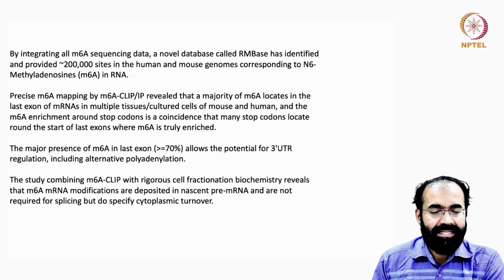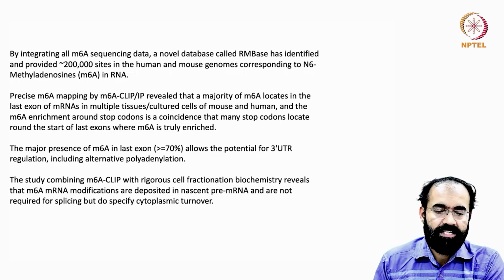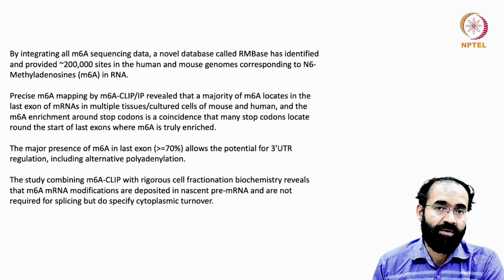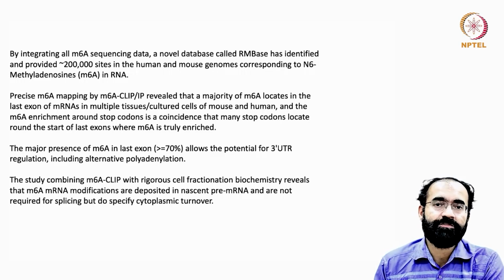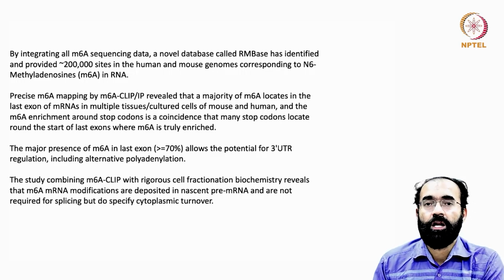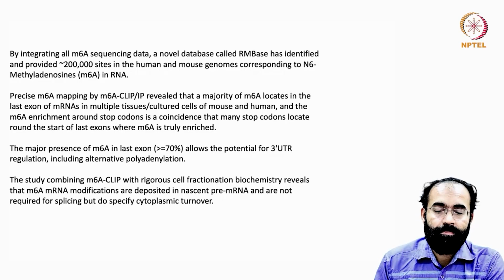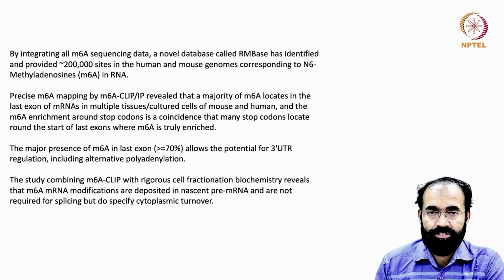So by integrating all the M6A sequencing data, the detection of M6A prevalence in the mRNA population is very much possible, because we have a lot of sequencing methods available to detect it. A novel database called RMBase has identified and provided around 200,000 sites in the human and mouse genomes based on this prediction.